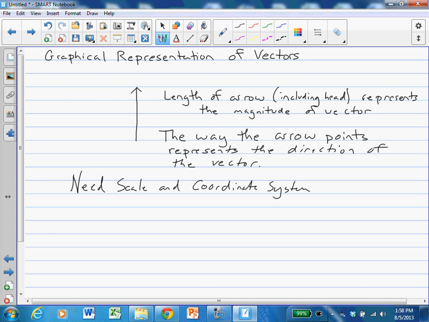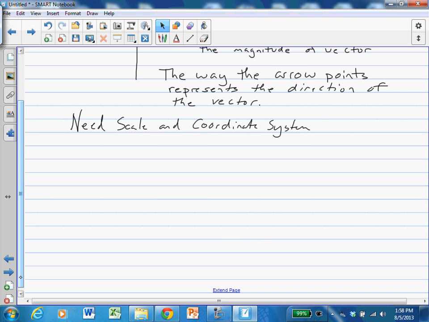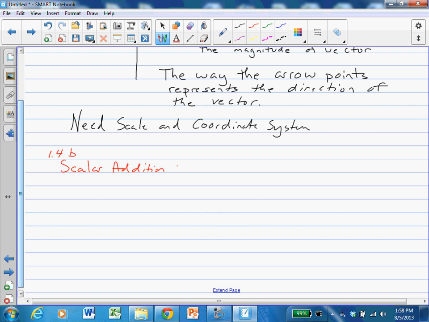Okay, when you add scalars, for scalar addition, just add quantities. They must be like units.